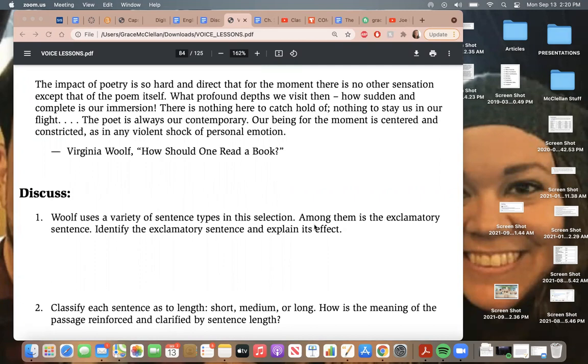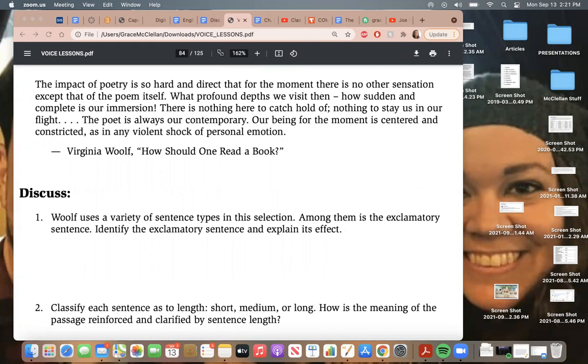It's just about style and why someone chooses to do it that way. This book that we're looking at is called Voice Lessons. So we're really trying to figure out what makes up a writer's voice, and syntax is part of that.